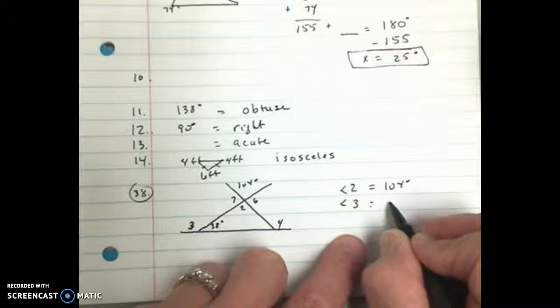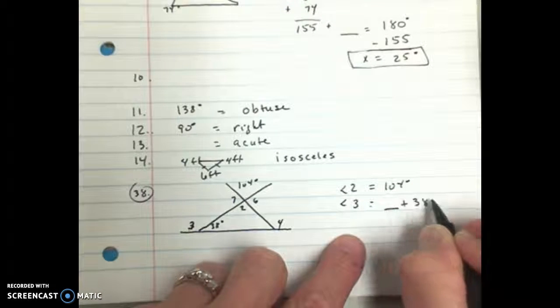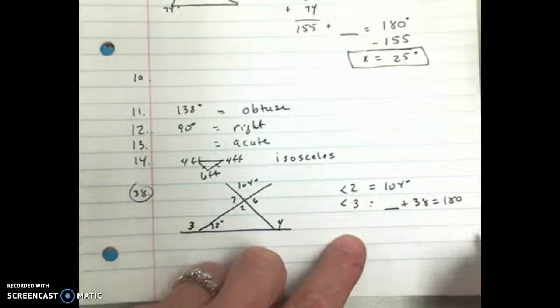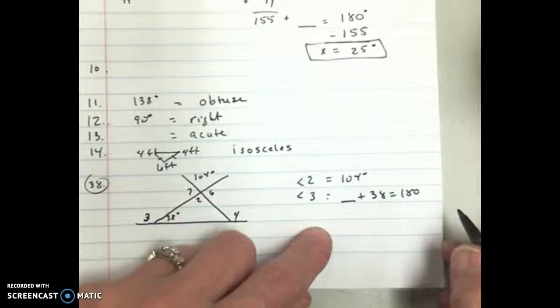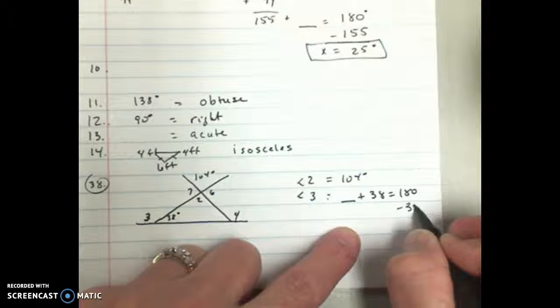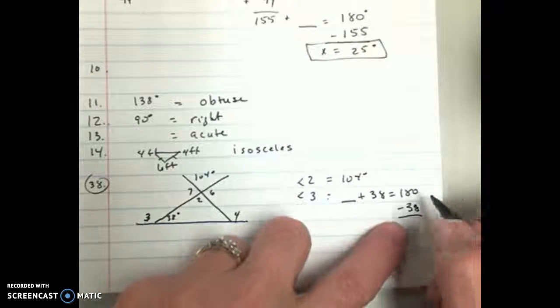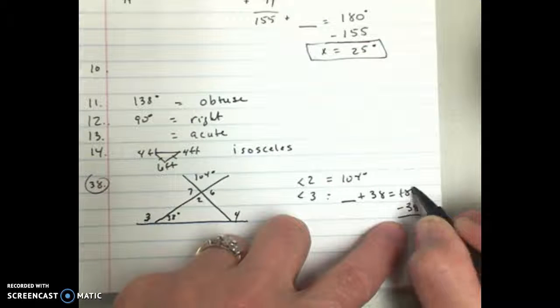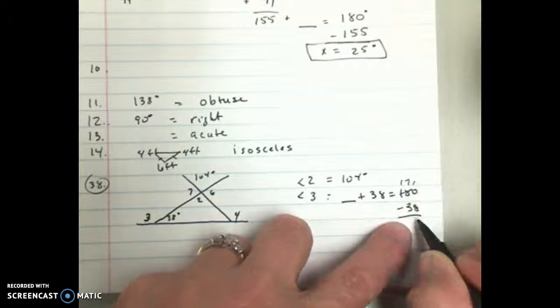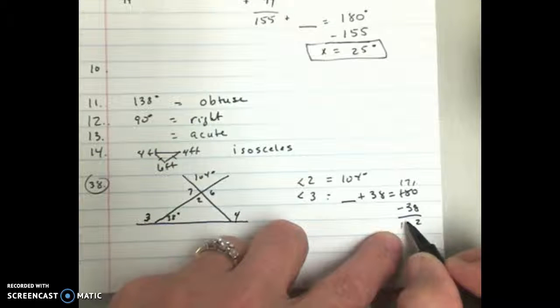So something plus 38 is going to equal 180. So to find that missing number, we're going to subtract 38.